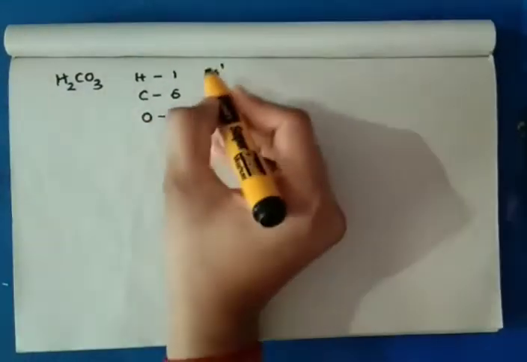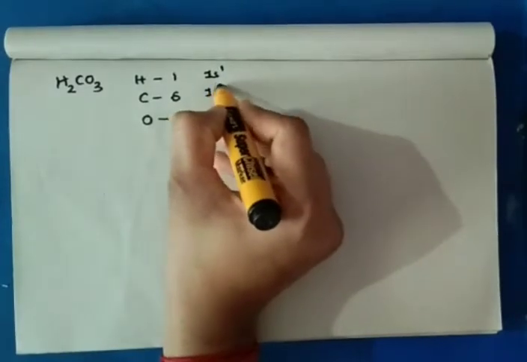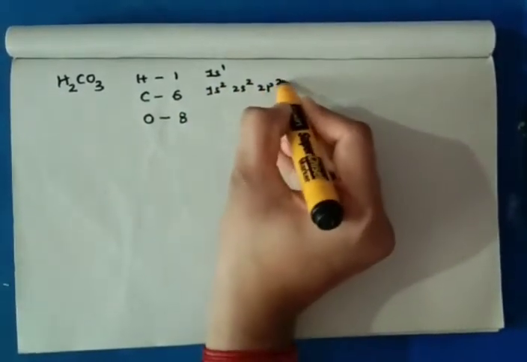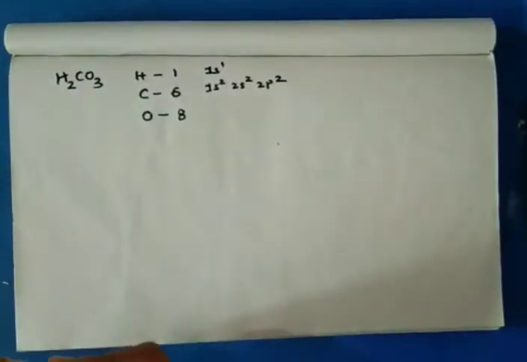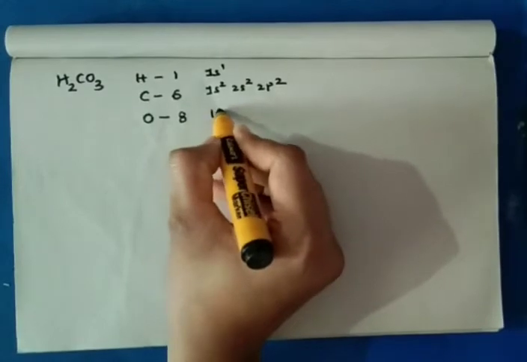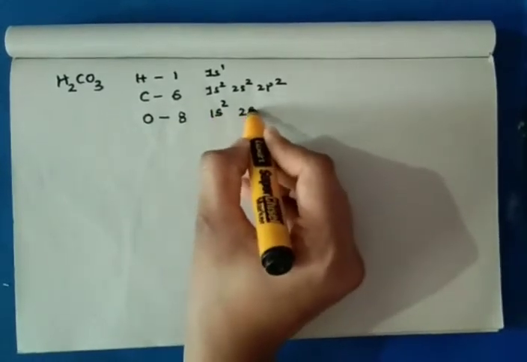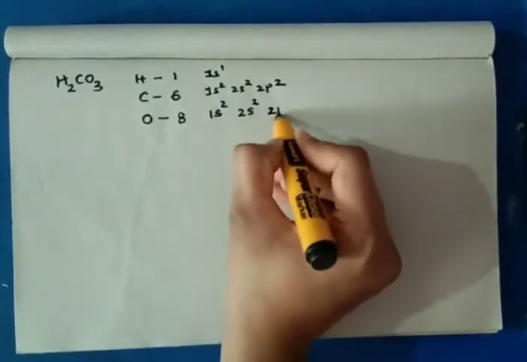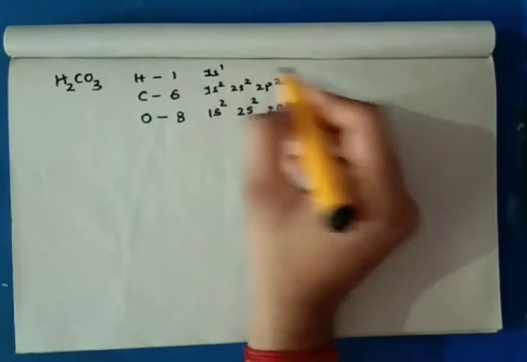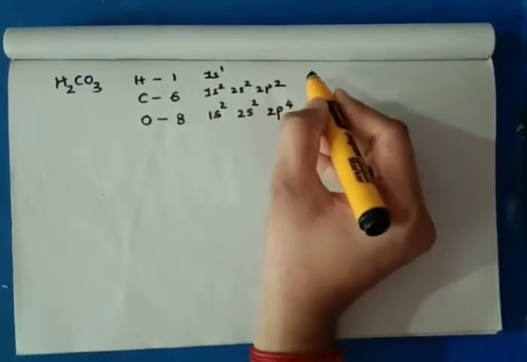Carbon is 1s2, 2s2, 2p2. Oxygen is 1s2, 2s2, 2p4.